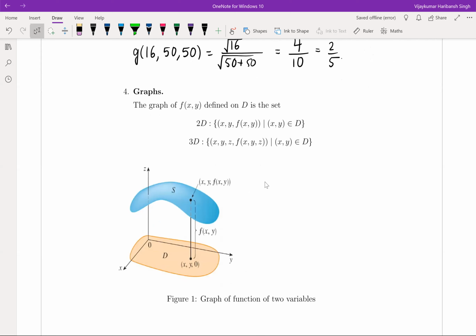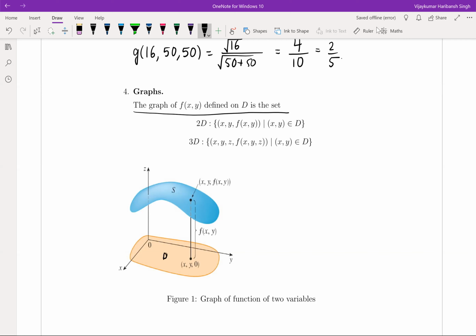So what is the graph of function f of x, y? The graph of f of x, y defined on D is the set of points (x, y, f of x, y), where (x, y) belongs to D. So it's basically a collection of all points.